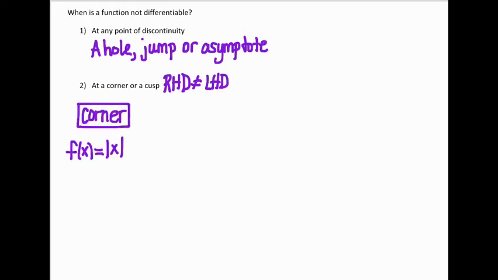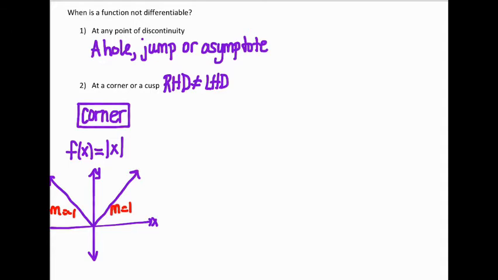The example I'm going to use for corner is absolute value of x, because this is one that you should be able to recognize as kind of looks like a V, and its turning point is at the origin. So two different ways I want to explain this. If we're talking about the derivative as the slope coming in from the left side, the slope of this line is -1, so that's the slope from the left, and then the slope from the right side is +1.